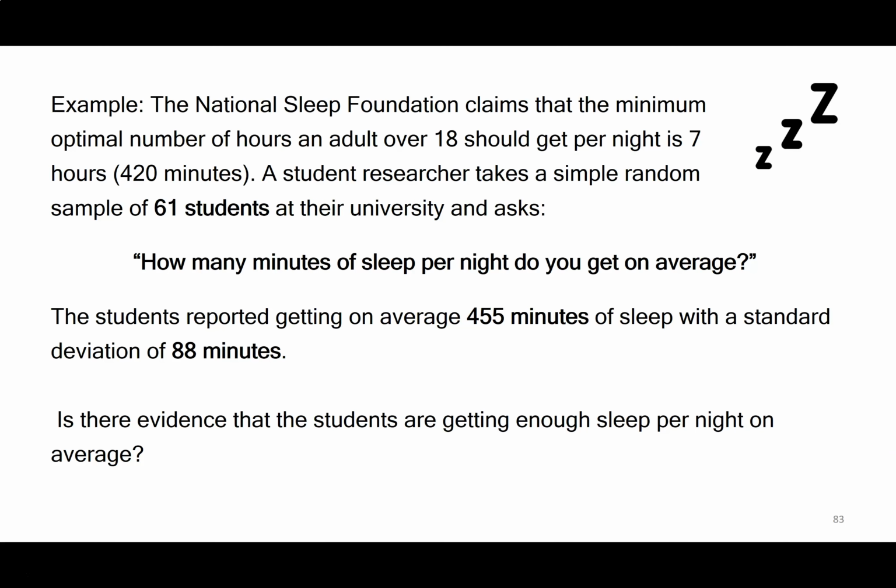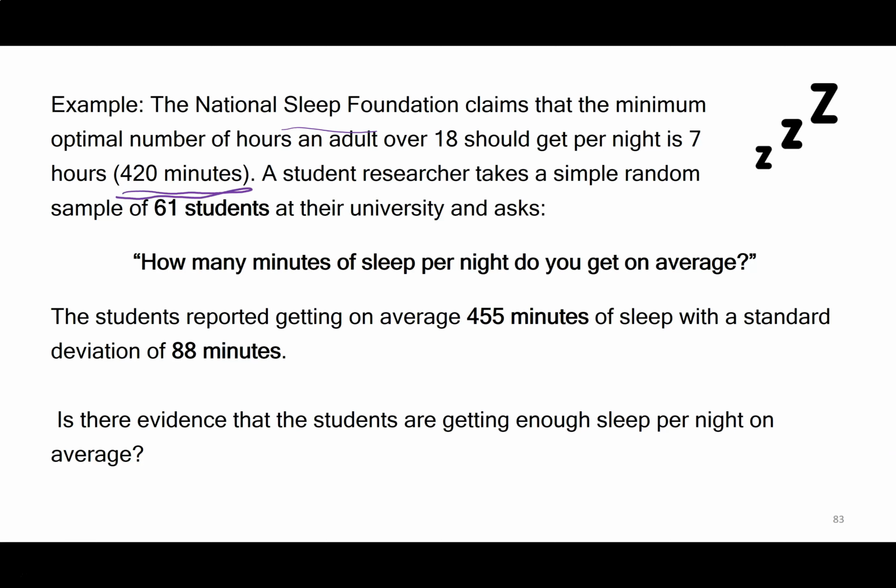So we are still using our sleep example. They were interested in finding out what the sleep habits are of our university students. The National Sleep Foundation claims the optimal number of hours for an adult over 18 is 7 hours, so 420 minutes.